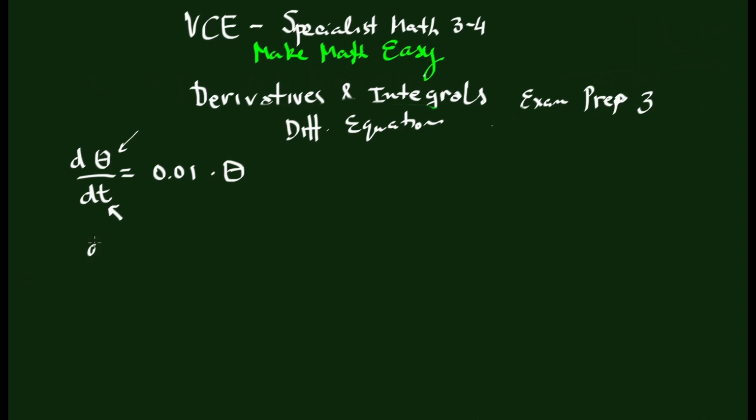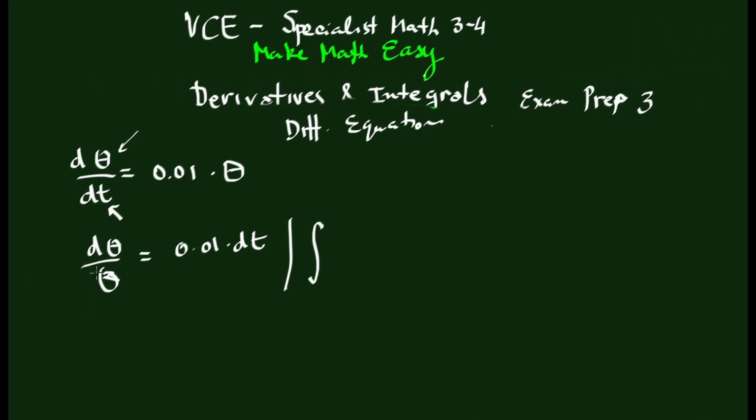So we got dq by q equals 0.01 dt. And then how do you lose the differential? By applying an integral. So on both sides, with respect to their variables, you apply the integral. What are you going to get there?